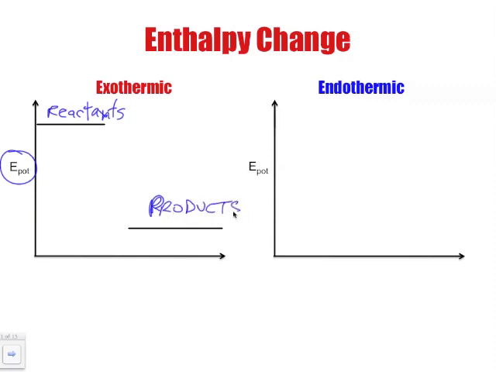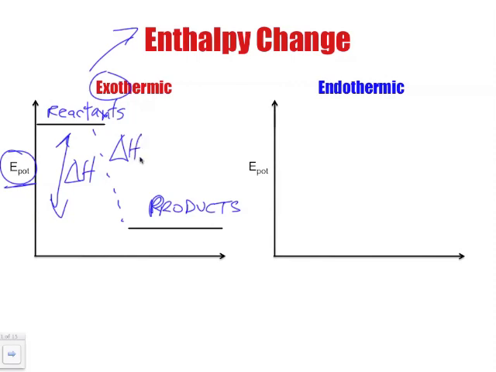So what's going to happen in an exothermic reaction is we are going to have this drop in potential energy, as heat is being released. Exothermic means heat being released. So we're going to have this drop in the delta H, and therefore this change in enthalpy for the reaction is going to give us a negative value.